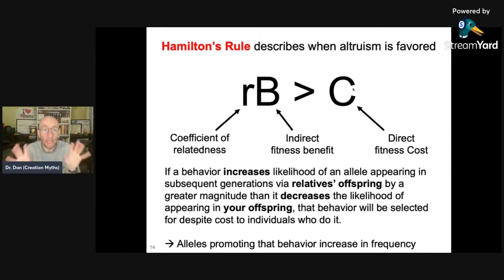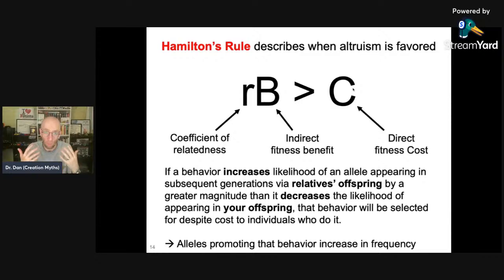And I want to be very clear about this. There is no intentionality here. There's no deciding what behaviors are good or bad or whatever. This is just brute force selection and population genetics. If the indirect benefit in terms of the frequency of those alleles in the population is greater in magnitude than the direct cost, the reduction in your direct fitness, then just mathematically, those alleles will necessarily increase in frequency.